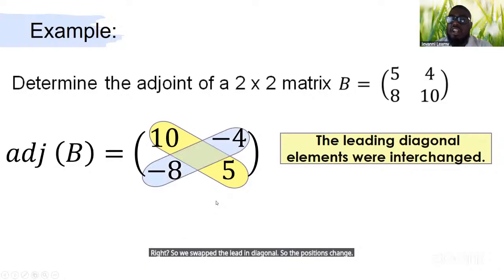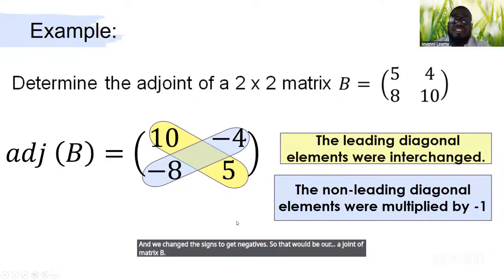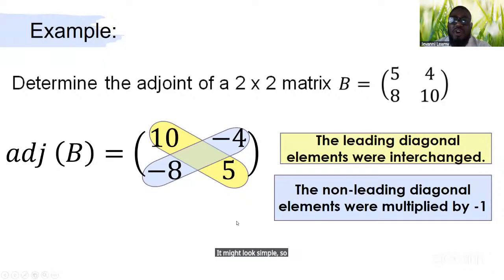While the non-leading diagonal, you notice you still see the digits at the same place, but the digits are different as they are being multiplied by -1. In other words, you change the sign. So this was a positive 4 and a positive 8, and we change the signs to get negatives. So that would be our adjoint of matrix B. It might look simple, so don't overkill this one.